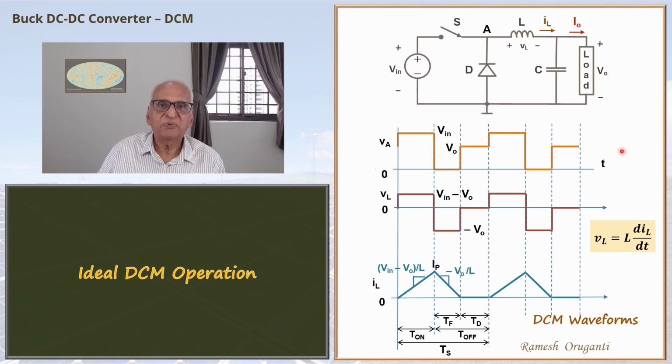So the DC part or the average part of VA is the output voltage. So that is V0. Notice that V0 goes through this part here because this voltage is also V0. This part of the VA waveform corresponds to V0.